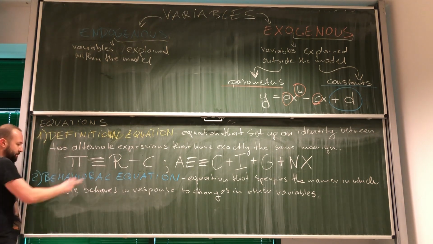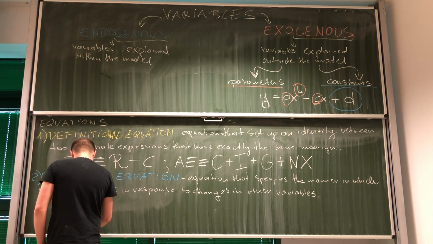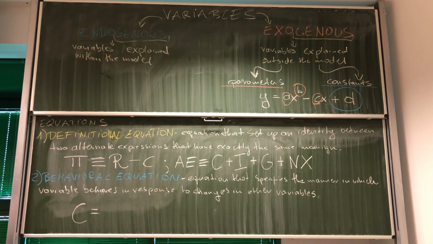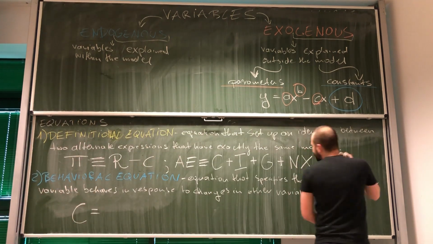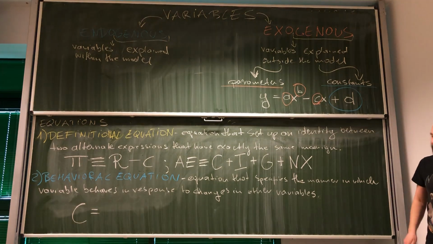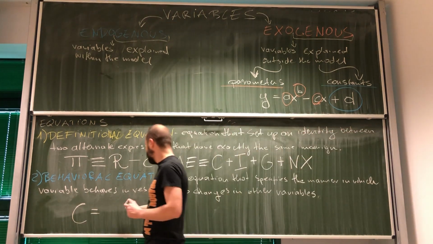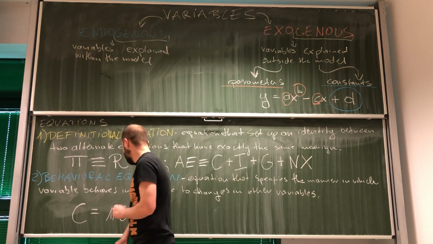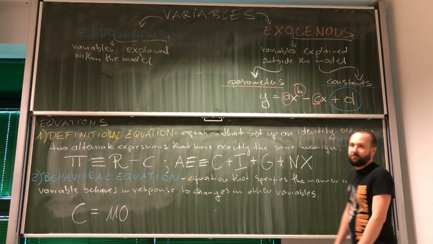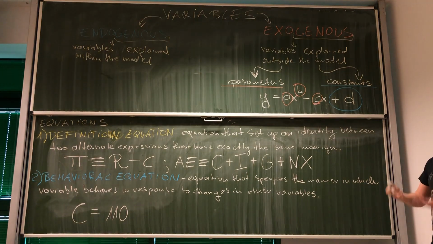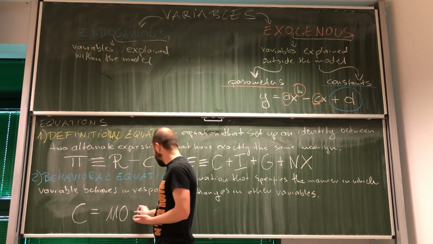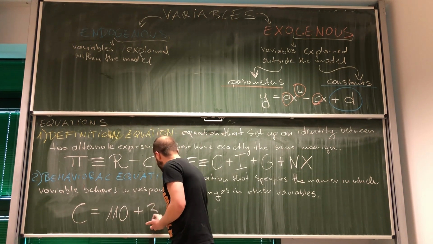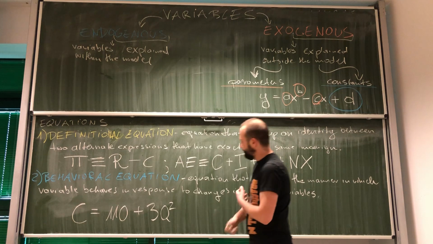Look, for example, cost. Total cost function depends on fixed cost, right? So how much the company needs to pay even if it does not produce. Let's just say it's some number, 110. And how much company needs to spend when the company actually produces. So let's just say that we've got this as an expression, 3q squared.